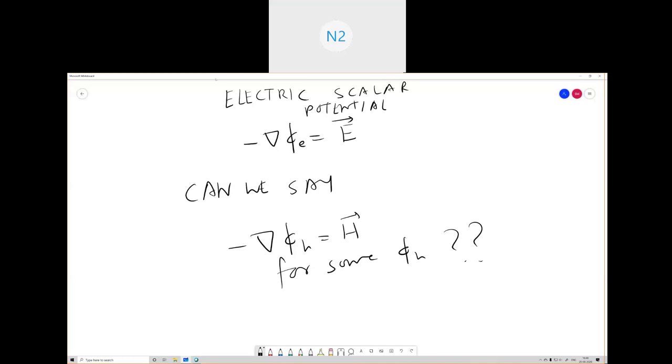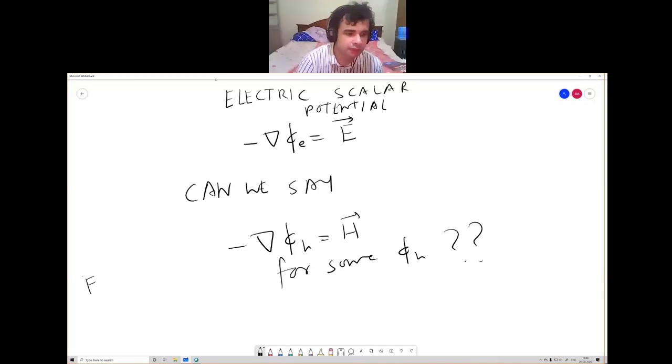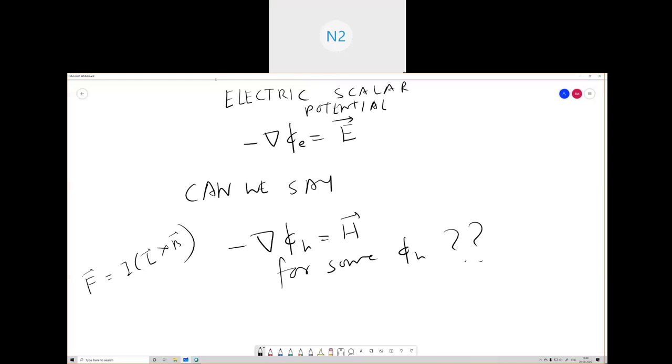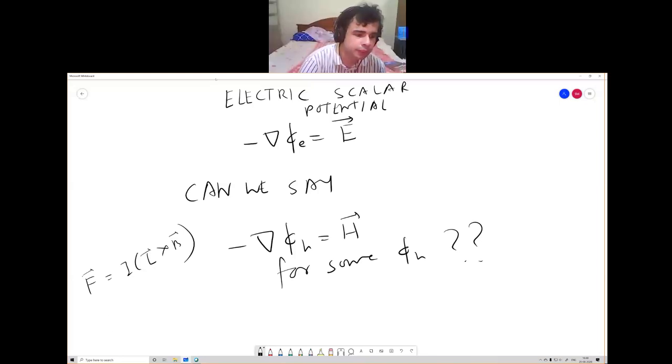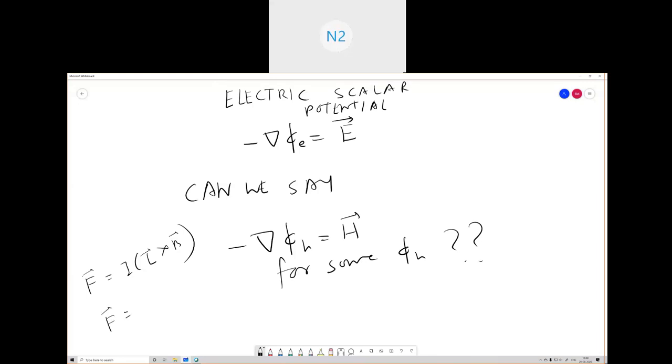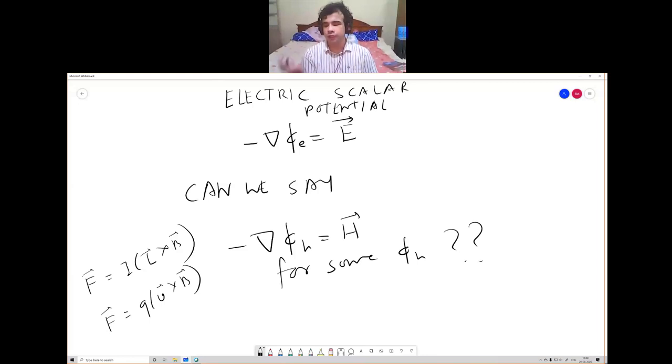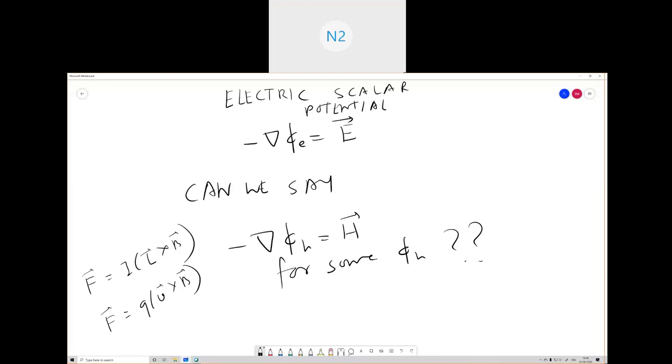You remember the force F equals I L cross B, like F equals QE, or even that F equals Q V cross B. Only thing is that the charge has to move, and the direction of V and B should be perpendicular, and there will be some force. So if your charge is at rest, then there is no force.